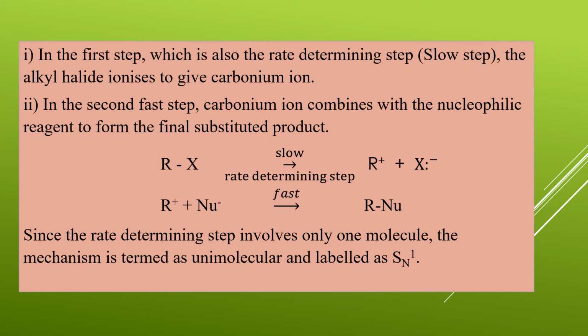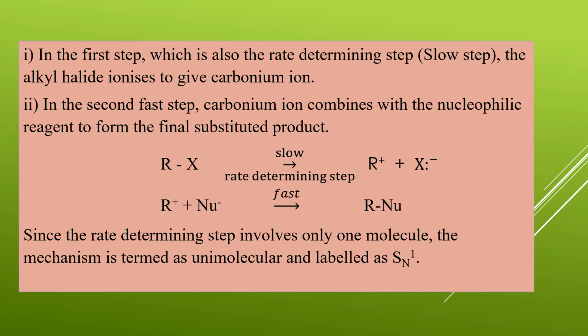Just drop your eyes down, I have written the reaction here, RX. What is RX? Alkyl halide. I have written above the arrow slow and below the arrow rate determining step. So what is happening in the first step? It is being ionized into R+ and X-.